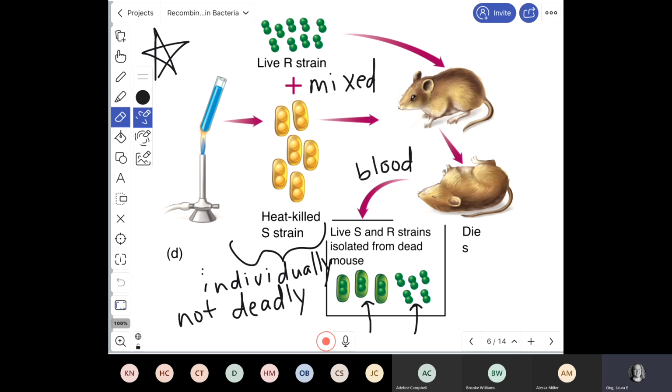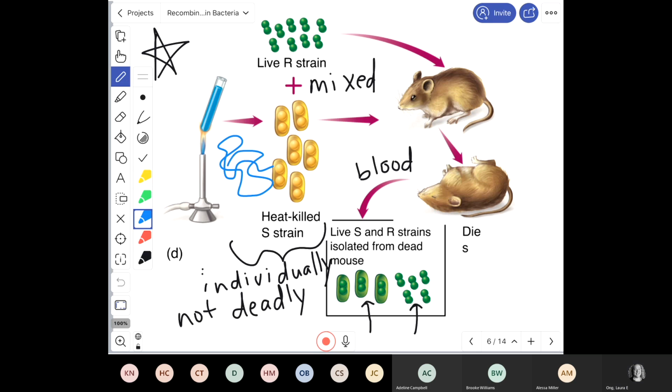What he and eventually some other people figured out was that, well, maybe I can't erase. What he figured out was that in the smooth strain, when you boiled them, they leaked DNA. They were leaking DNA out into the environment.